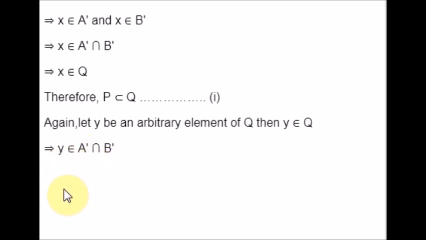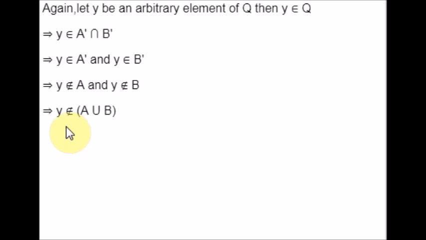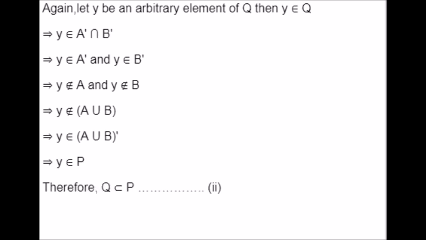So you can say that Y is not an element of the set A and Y is not an element of the set B, which is nothing but Y is not an element of A union B. If Y is not an element of A union B, you can say that Y belongs to the set A union B complement, which means Y belongs to P. So you can say that Q is contained in P. Let this be equation number 2.